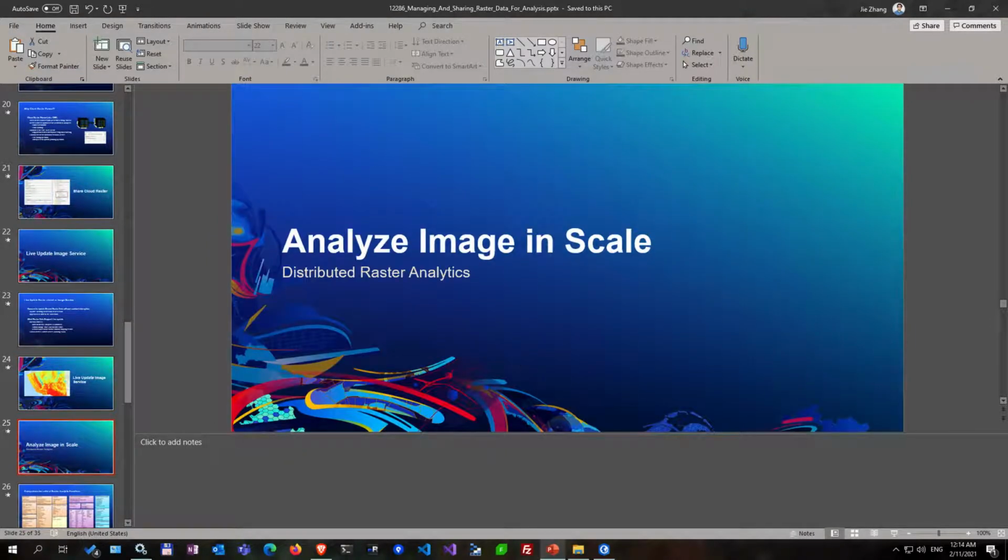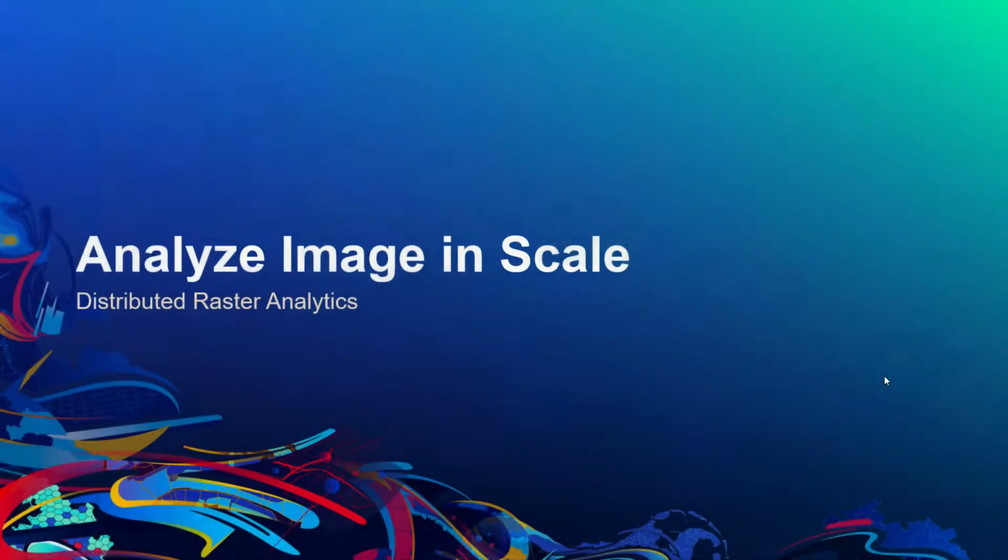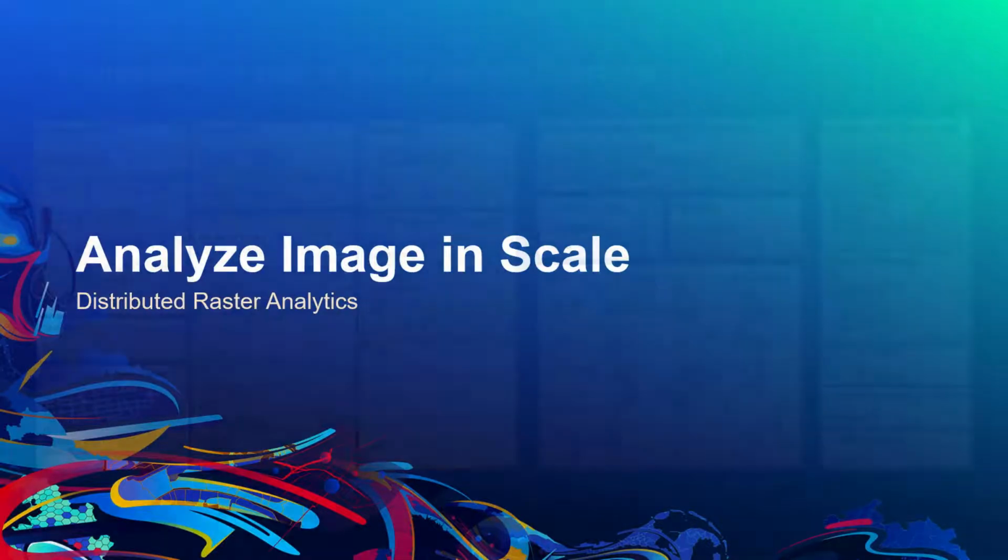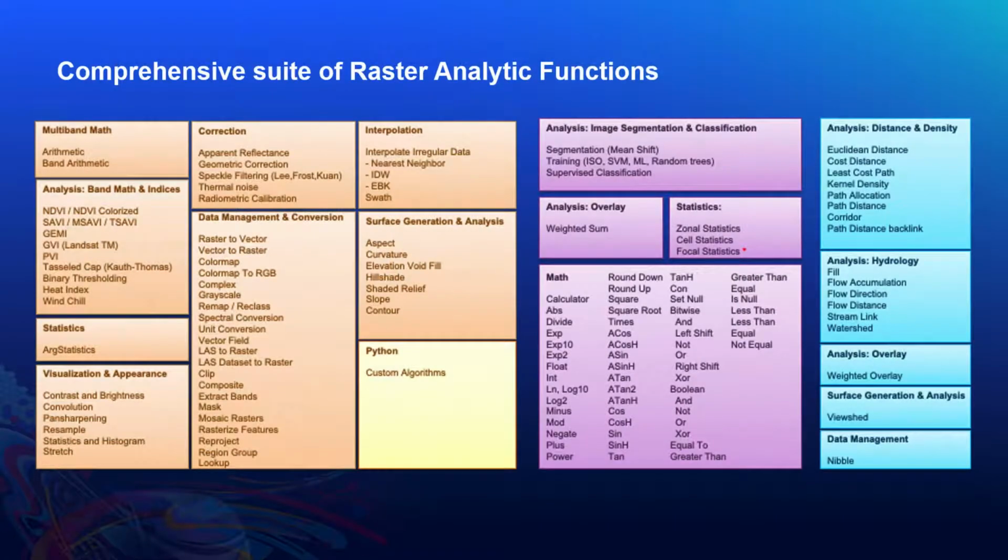The last thing I want to mention in my workshop is how you can perform distributed raster analysis with image server on those image services that I shared earlier in my previous demos. So ArcGIS Enterprise with image server actually provides this ability to perform distributed raster analytic workflows.